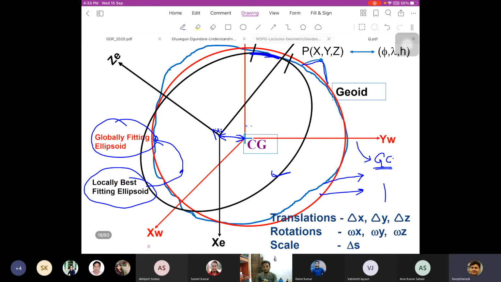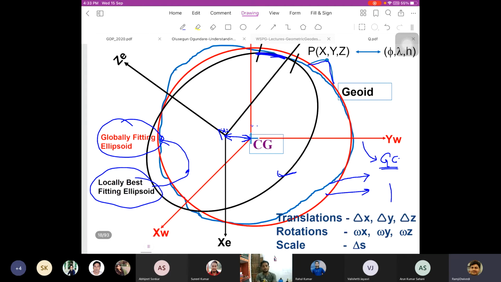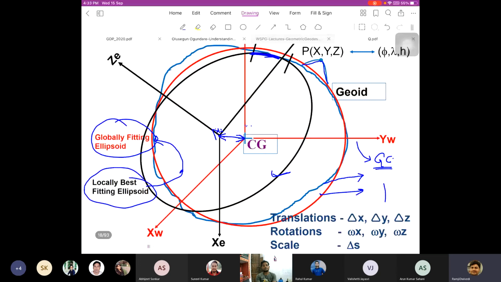The red one is a globally fitting ellipsoid, and the black one is a locally best fitting ellipsoid. You could also have the geoid, which could best fit the Earth. And generally, geoids are equipotential surfaces, which are generally prepared at local level, at country scale. The purpose was the same because you have to have the height reference consistent in your country first. Then you can move ahead to other countries.